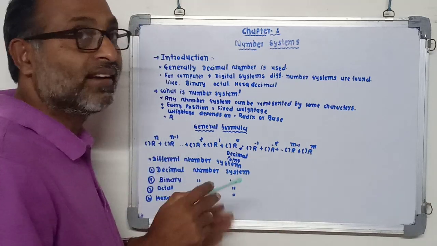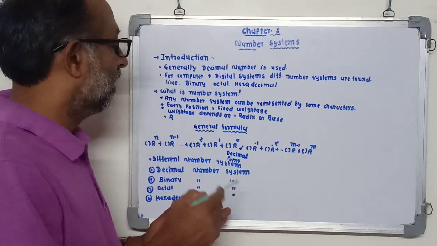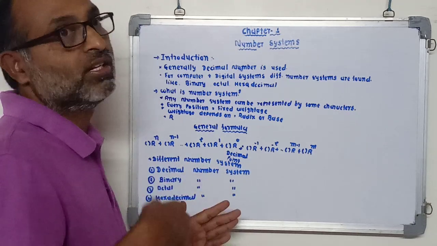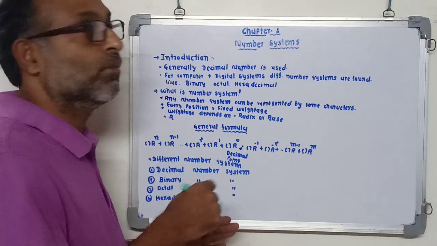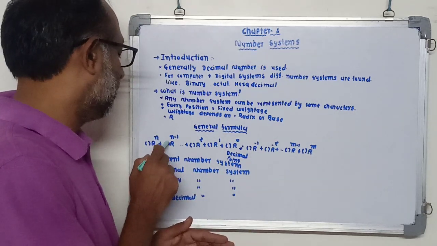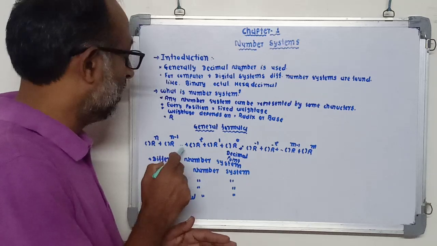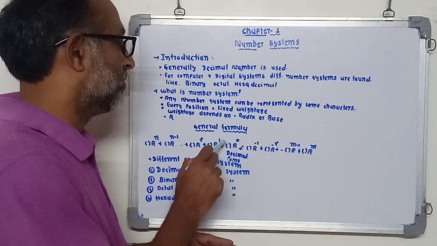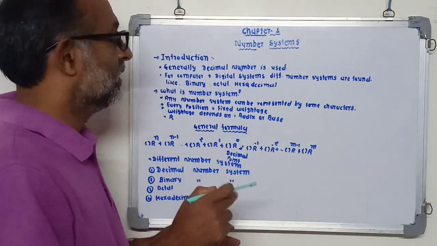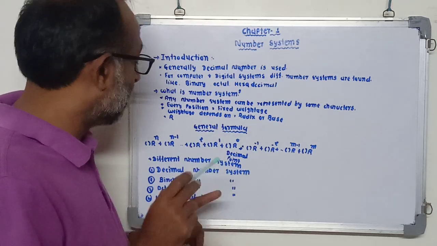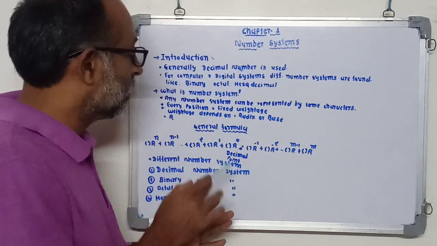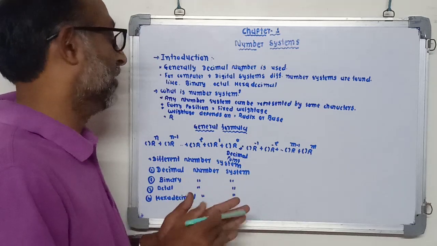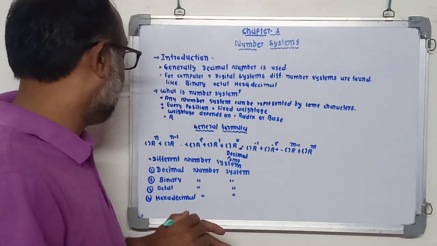Now we can write any number in this general formula: d_n times r raised to n, where r is the base, already I told you, and n is the position, plus d_(n-1) times r raised to n minus 1, similarly r raised to 2 plus r raised to 1 plus r raised to 0. Remember that r is the radix, and 0, 1, 2 are the positions of the characters.